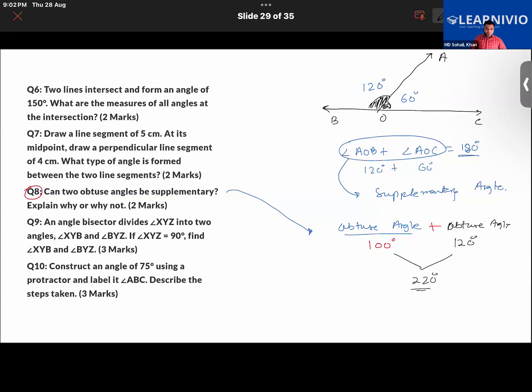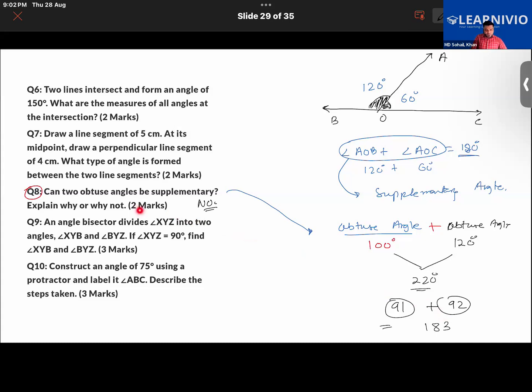Even if you were to take the smallest obtuse angle, let's say 91, or even 90.1, it will still make more than 180, it would make 180.2. Let's just take whole numbers and not decimals. 91 plus 92 equals 183, which is not supplementary. So the answer for this is going to be no.